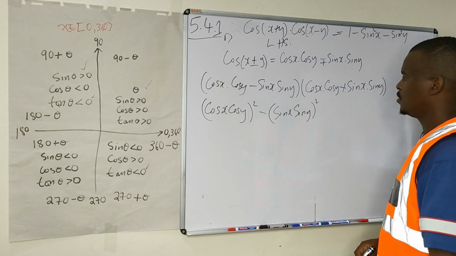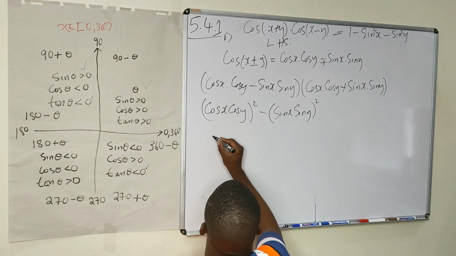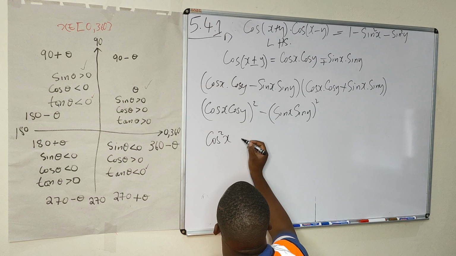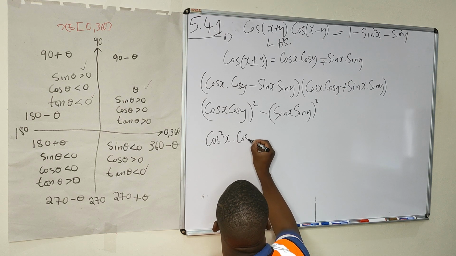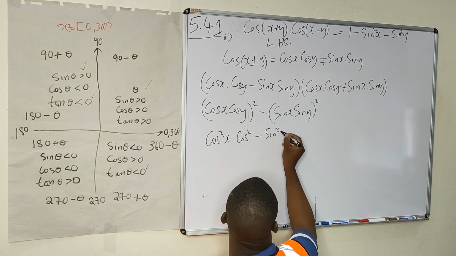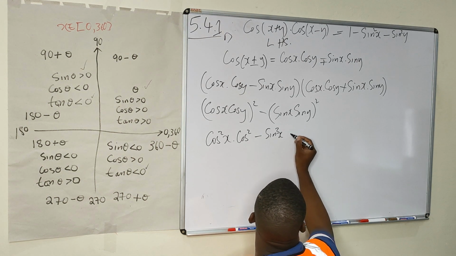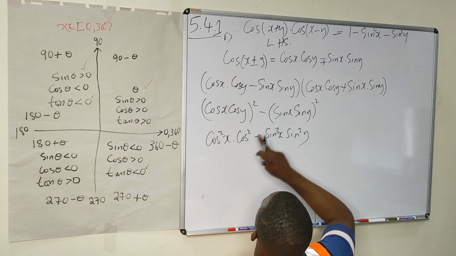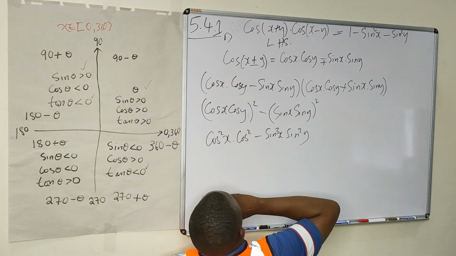And then you simplify now. So you have cos squared x cos squared y minus sine squared x times sine squared y, right? So you want this in terms of sine squared.